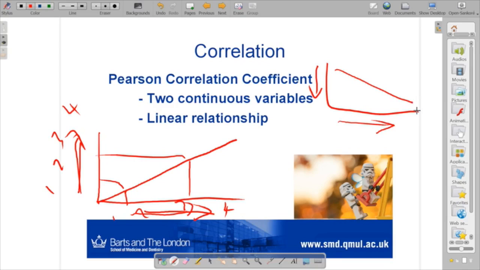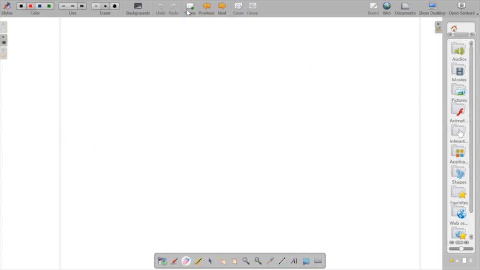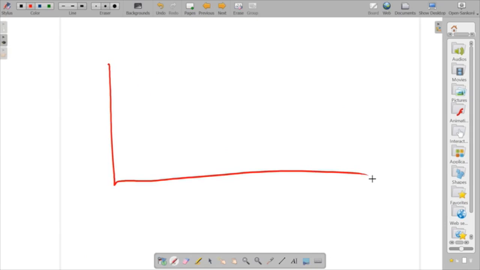It should also be what's called monotonic. It's a fancy word meaning your data doesn't go up and down. So again, let's say we've got X and Y axes, and we've got some data points plotted on there.